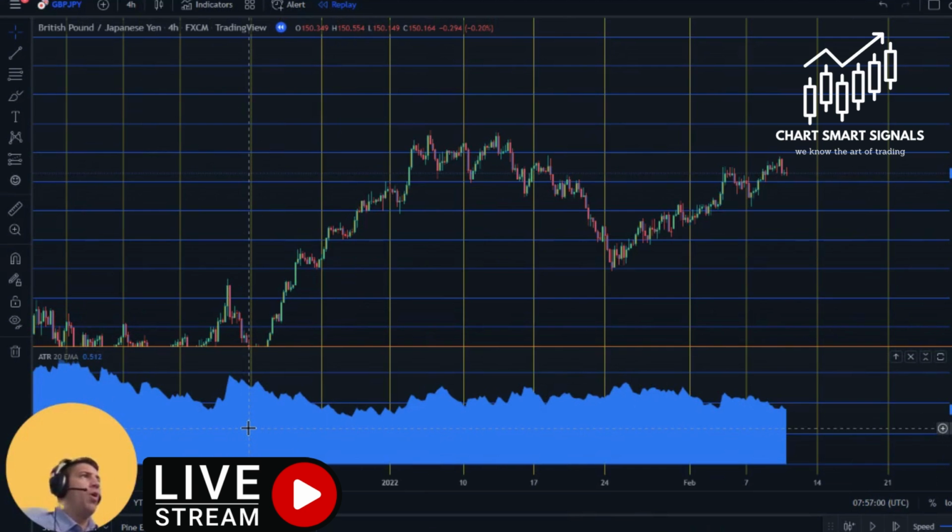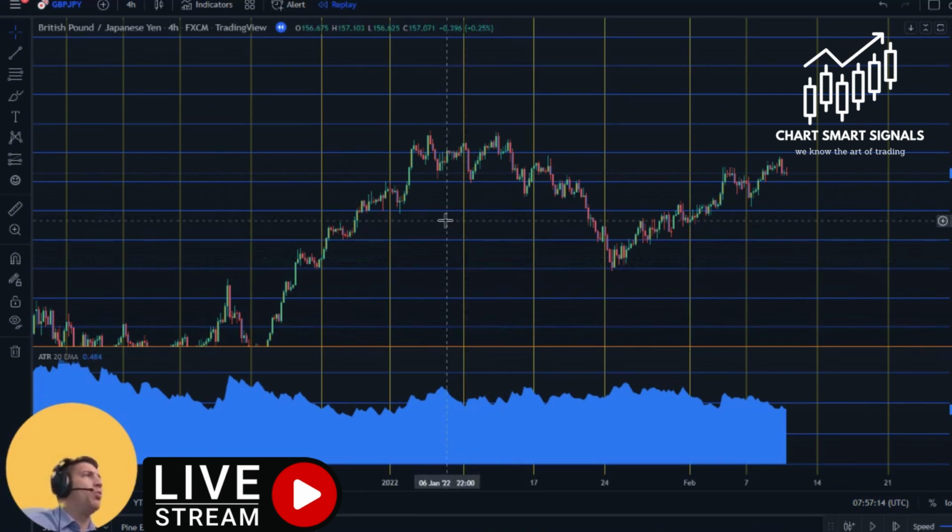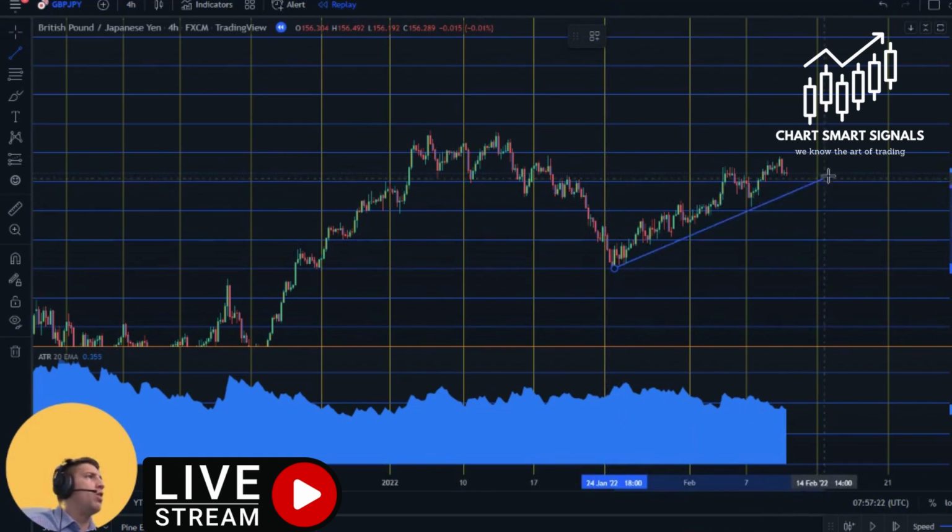All right, so on this chart, still on the British pound and Japanese yen 4-hour chart. On the previous chart, we looked at a downward trend and looking for a short position. On this example, we're going to be looking at this upward trend. We're looking for a long position. Let's get our trend line going.